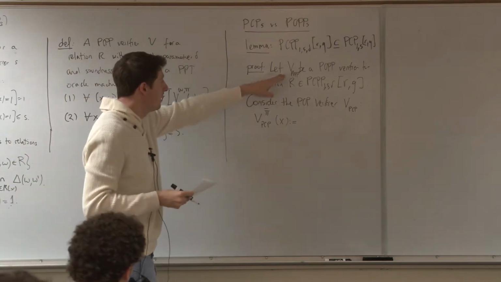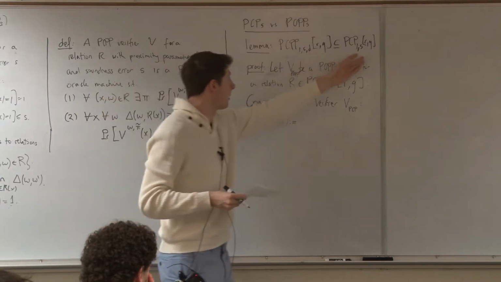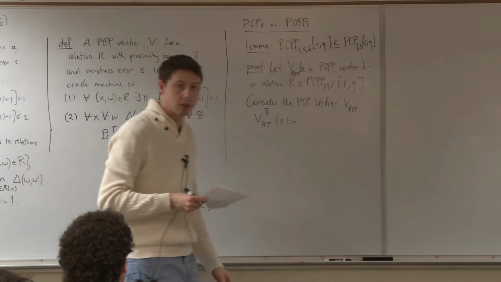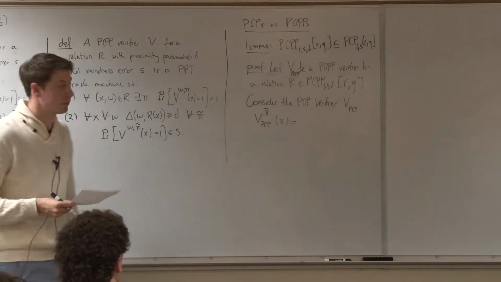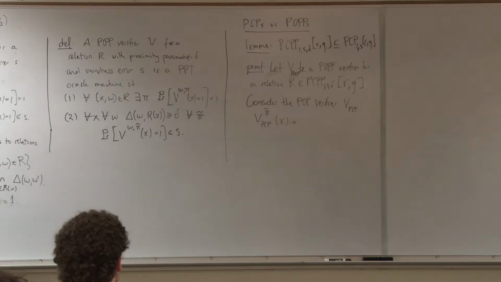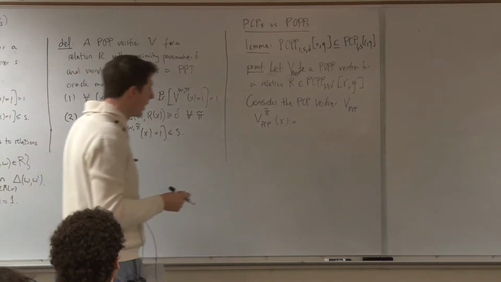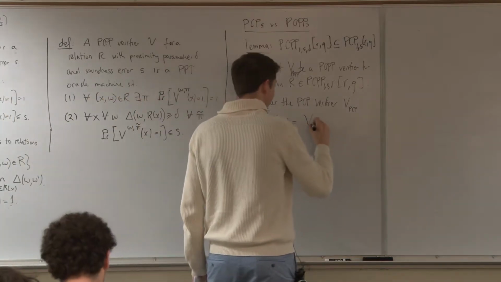We have a PCPP verifier. We want to construct a PCP verifier with these parameters. What should we do? It's a very simple construction. Just run the PCPP verifier?